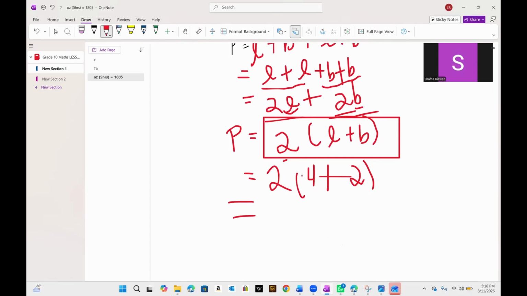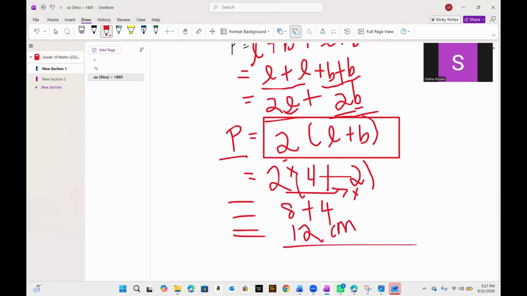Brackets mean you have to take multiplication. So 2 I'm going to multiply by 4. How much will it give? 8. Plus this 2 I am going to multiply by 2. 2 into 2 is how much? It is 4. Then how much is the total? 8 plus 4 will give you 12 centimeters.